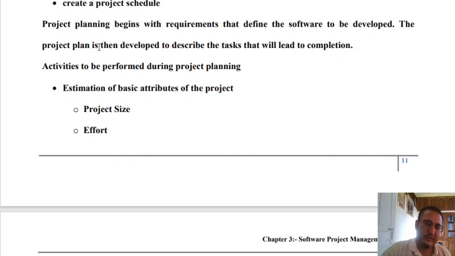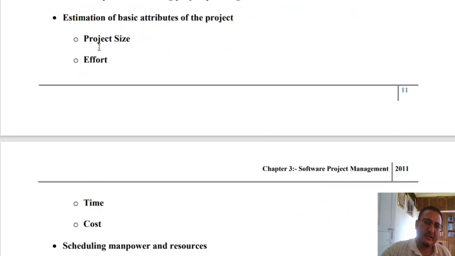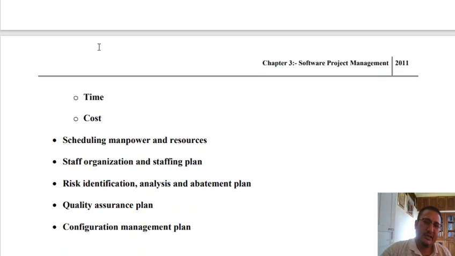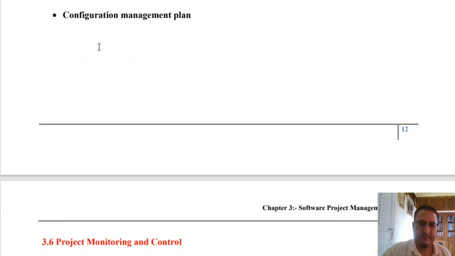Again, I'll repeat it: estimation of basic attributes, where you have project size, effort, time and cost, where project size is the independent parameter and effort, time and cost are dependent parameters, and then scheduling manpower and resources, then staff organization and staffing plan, then risk identification, analysis and abatement plans, then quality assurance plans, followed by configuration management plans.